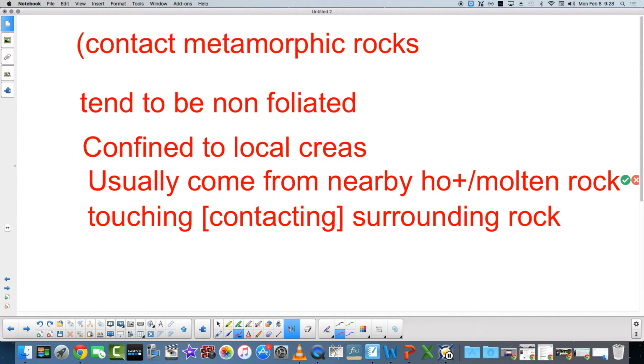And this process forms something known as an aureole.